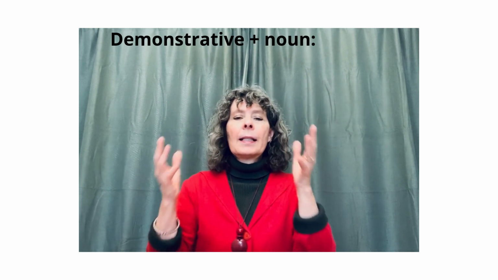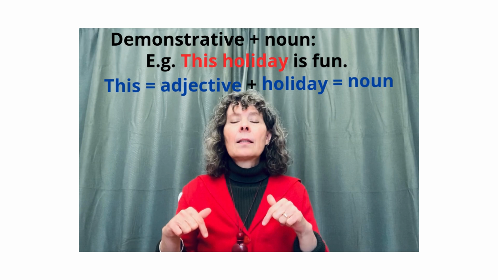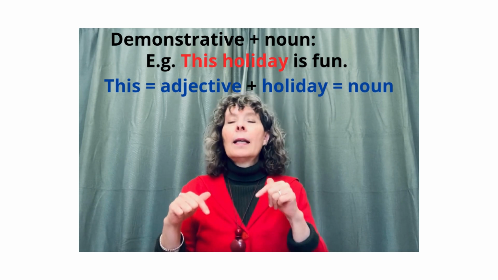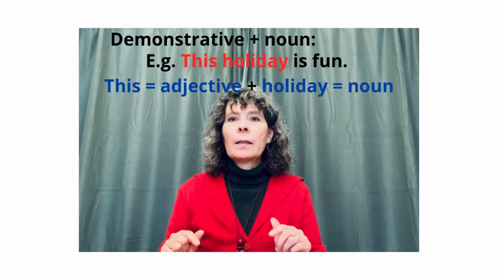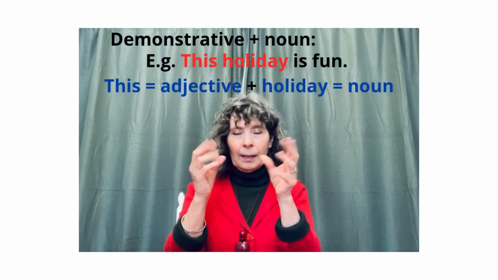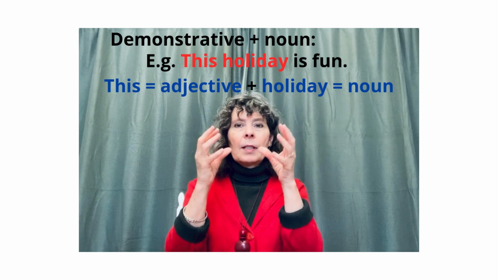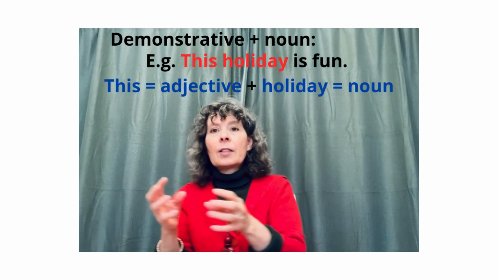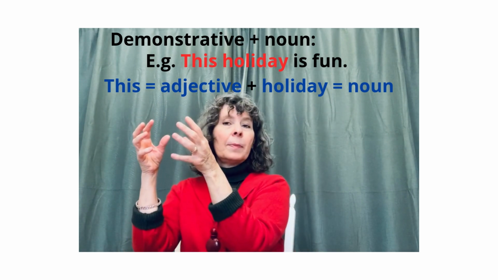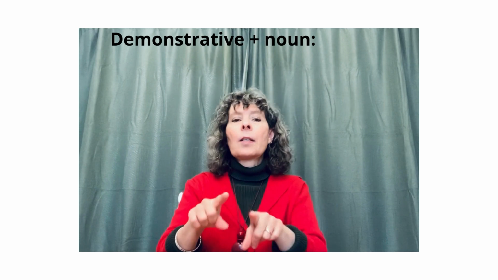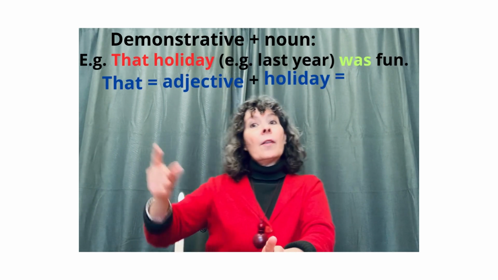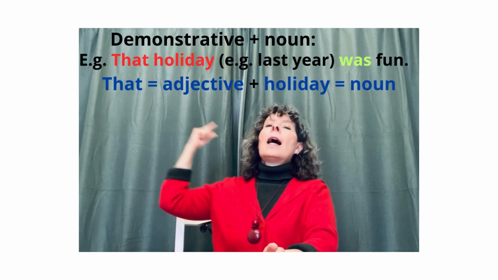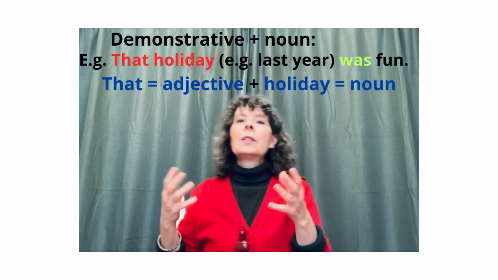So let me give you an example. This holiday is a lot of fun. This is the adjective, the demonstrative used as an adjective, and it's going to describe holiday, as opposed to that holiday last year. So do you see?